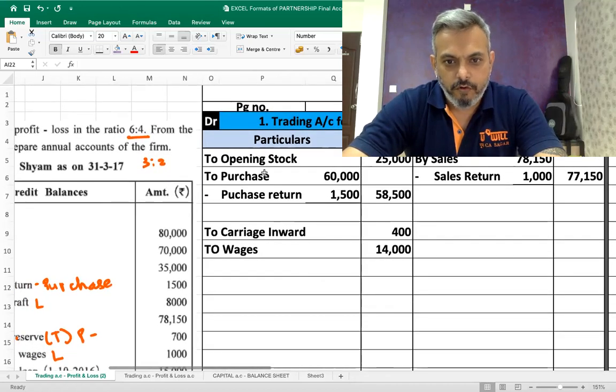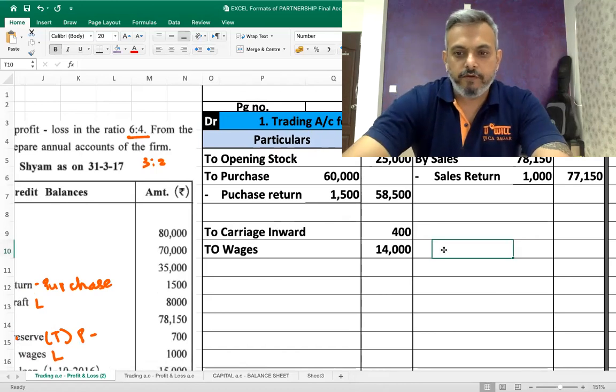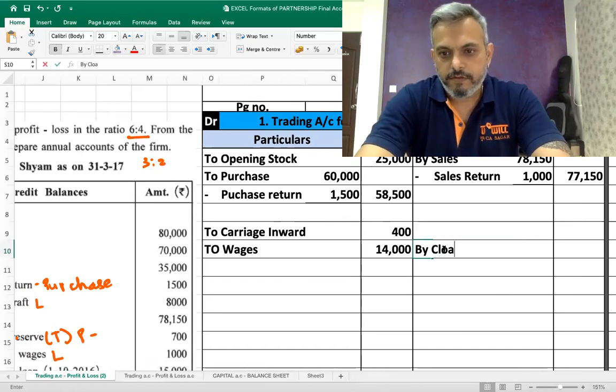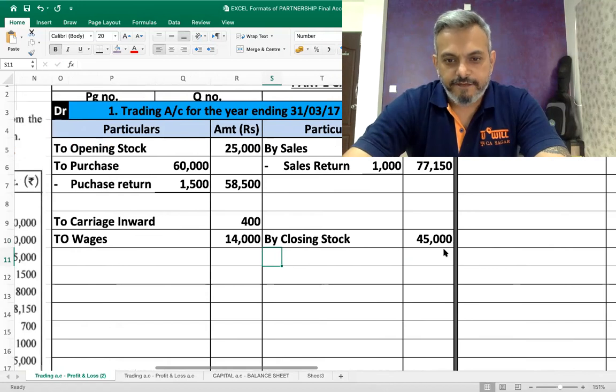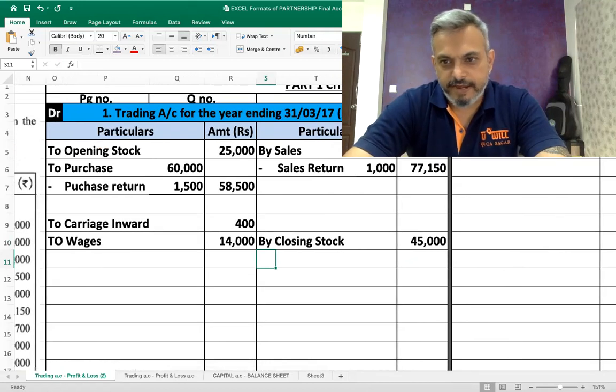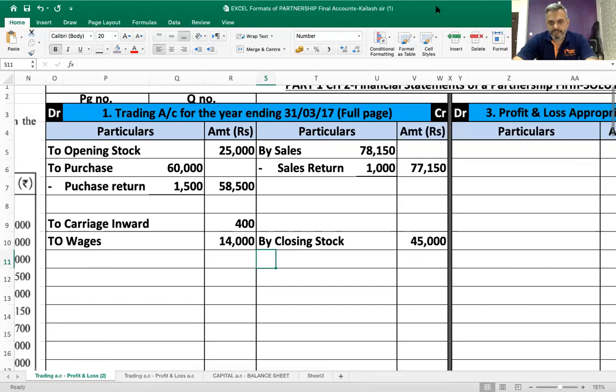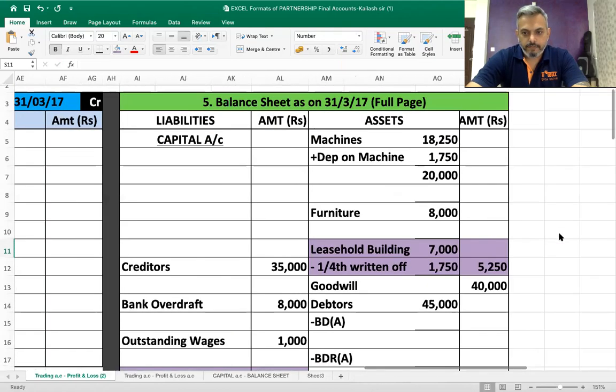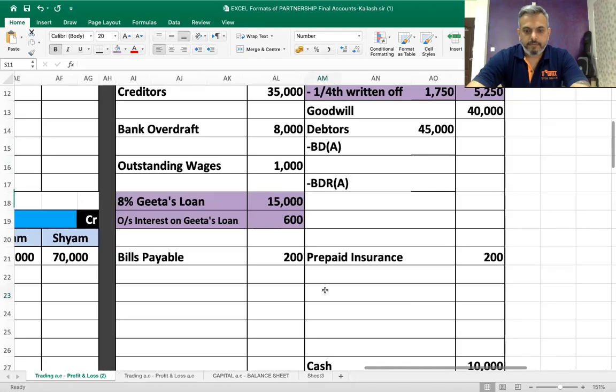So over here we write by closing stock, trading account credit side, 45,000. Second effect, do not forget please the second effect. Second effect for this goes to balance sheet asset. So let's go to balance sheet asset side. Closing stock 45,000.